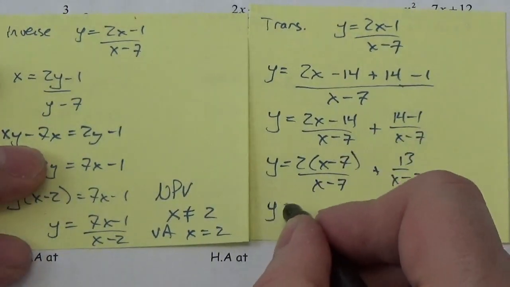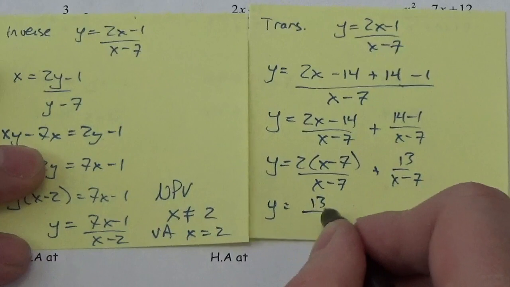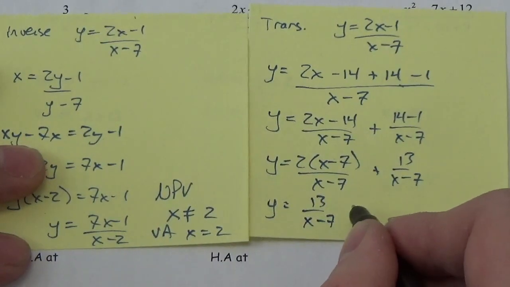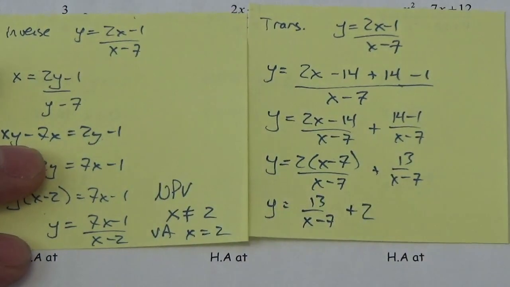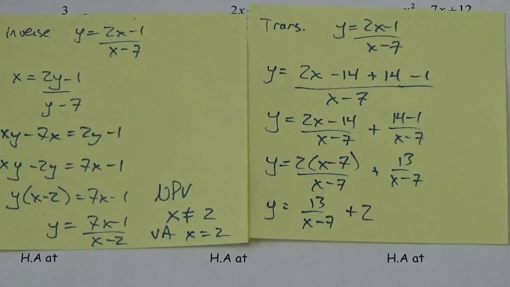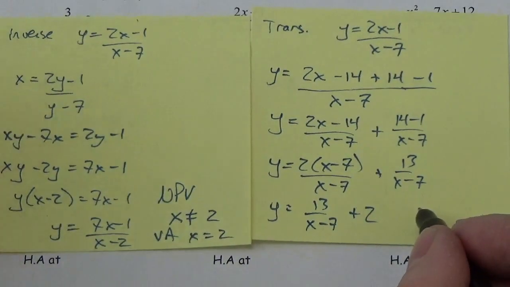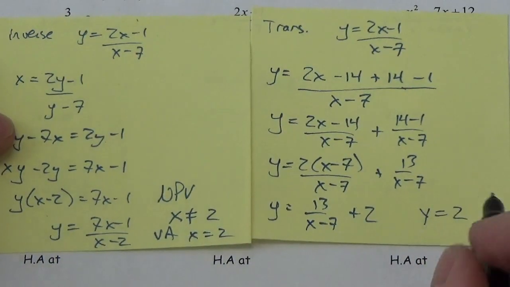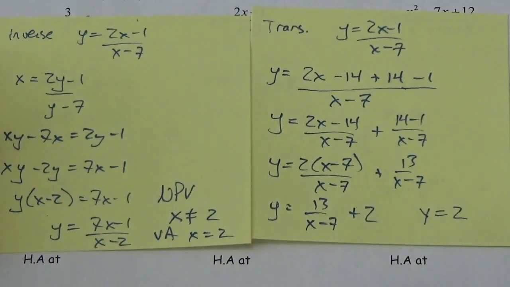Those will cancel, and when I put the terms in their proper order here, I get 13 over x minus 7 plus 2. And so now, once again, I can see that the horizontal asymptote has got to be y equals 2, because that's the vertical translation that I get.